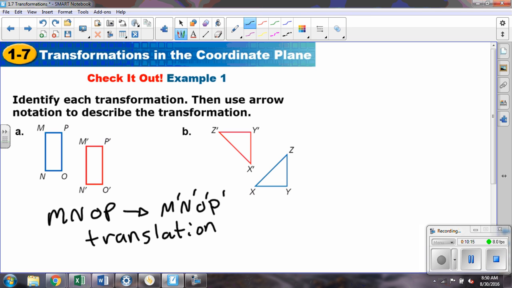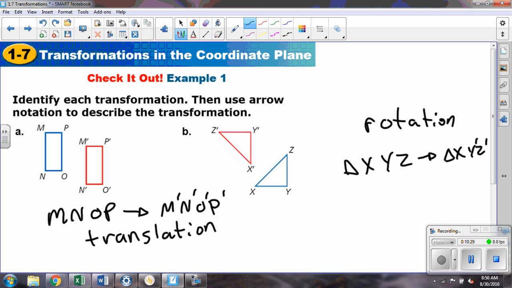What about the one on the right? Okay. A rotation that moved triangle X, Y, Z over to triangle X, Y, Z with our primes. And we're done.